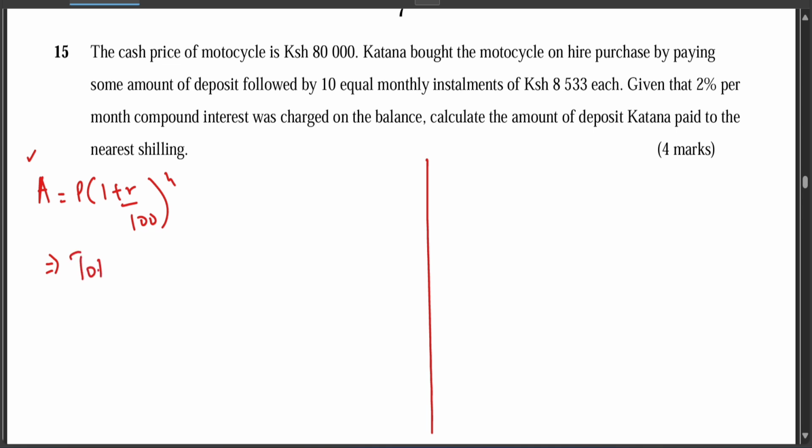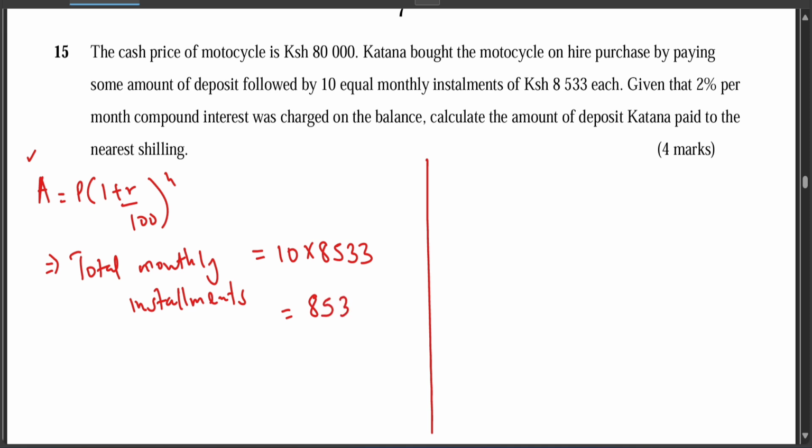So our total monthly installments will be how much? Total monthly installments will be 10 times 8,533. So this is the one which had compound interest in it.